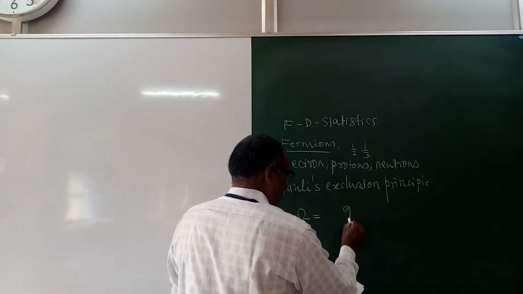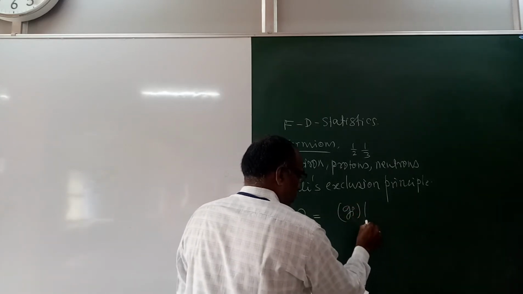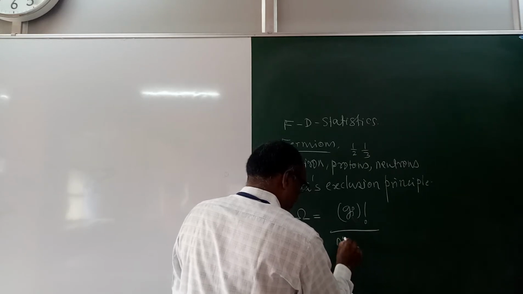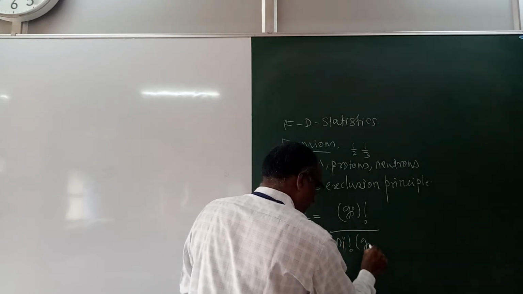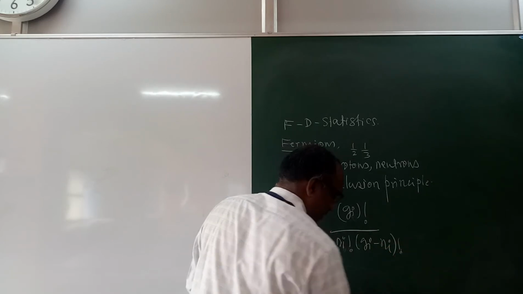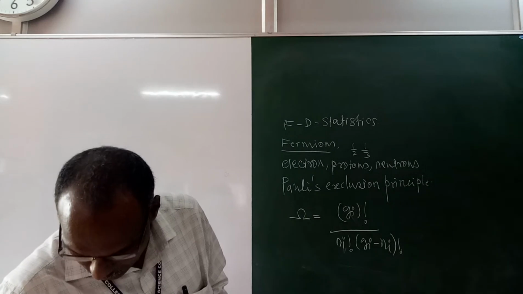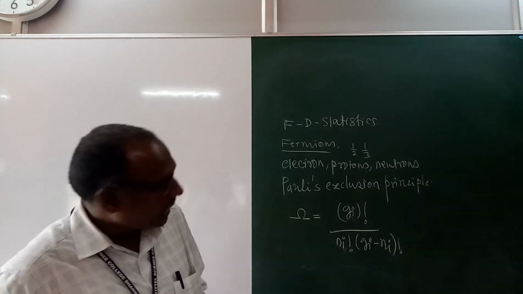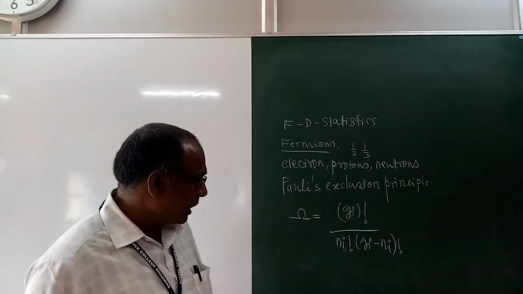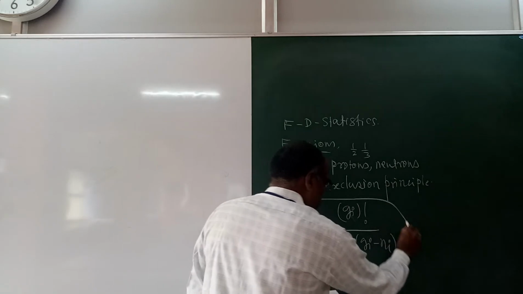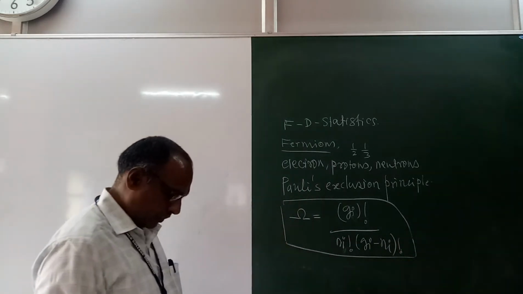That is given by Gi factorial divided by Ni factorial times Gi minus Ni factorial. This is the distribution function.